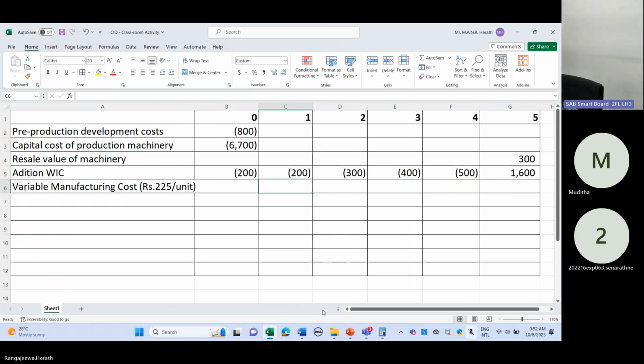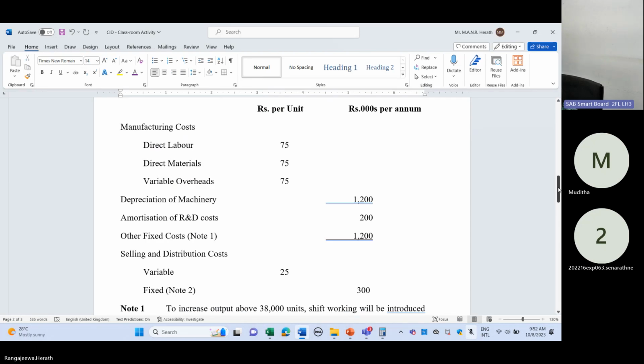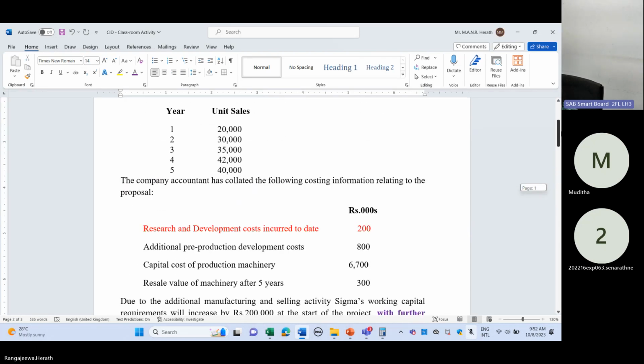You are given the number of units to be produced each year, and we are preparing all these in rupees 1,000.